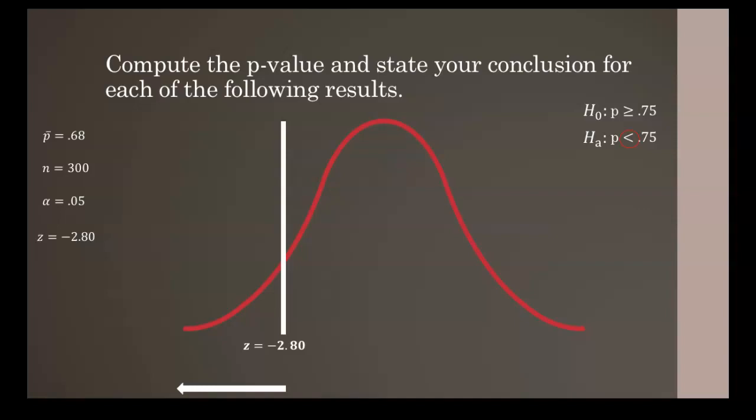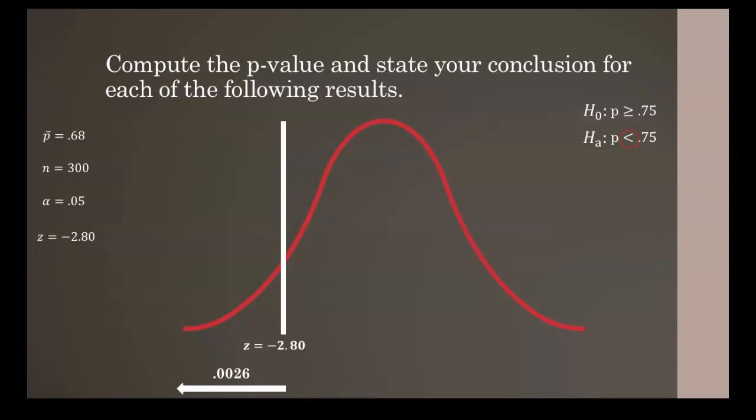So we need to find the area to the left of this test statistic. Now we'll take a look in our z-score table at negative 2.80, and we find that the area to the left of that z-score is 0.0026. That 0.0026 is your p-value.